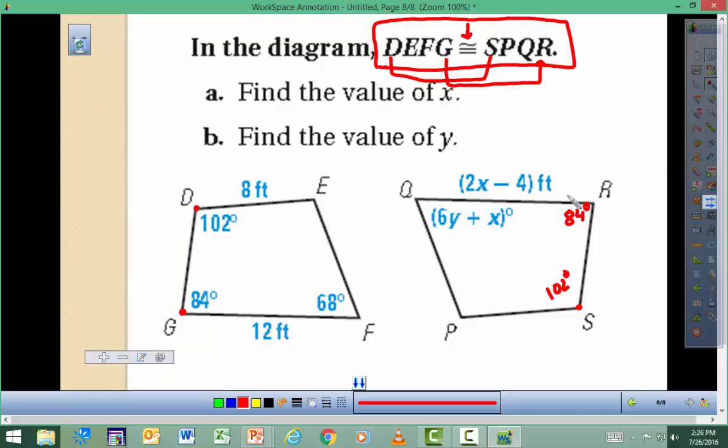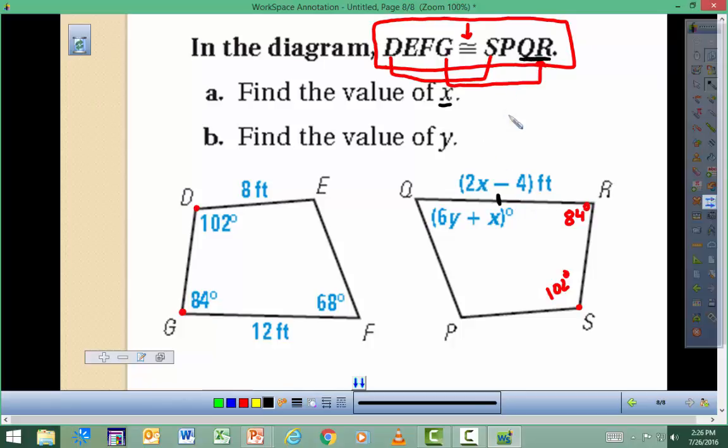Now let's move on to our problem. We're after the value of x. I see the value of x right here. So I could use this side here, and I say it's congruent to which side? This is QR, which is these two letters.